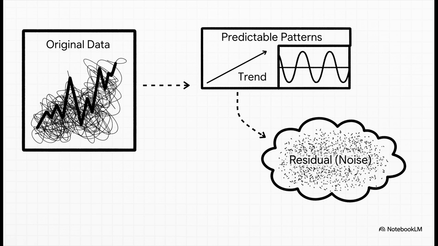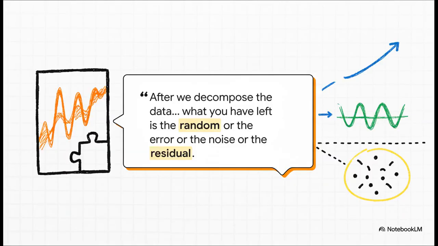It's everything that can't be explained by the trend or the seasonality. As one of our sources puts it, after we decompose the data, what you have left is the random or the error or the noise or the residual. They all mean the same. So the crucial point here is this noise should look truly random, without any hidden patterns. If there's still a pattern in the noise, it means our detective work isn't done just yet.